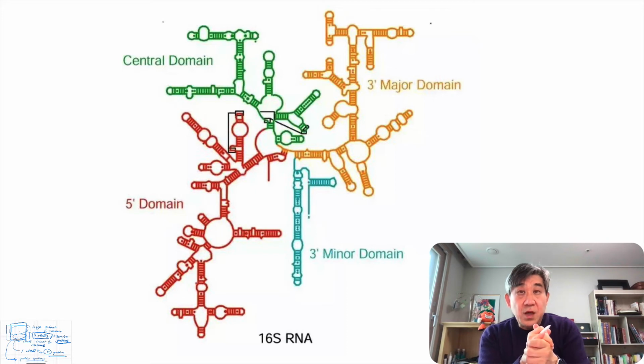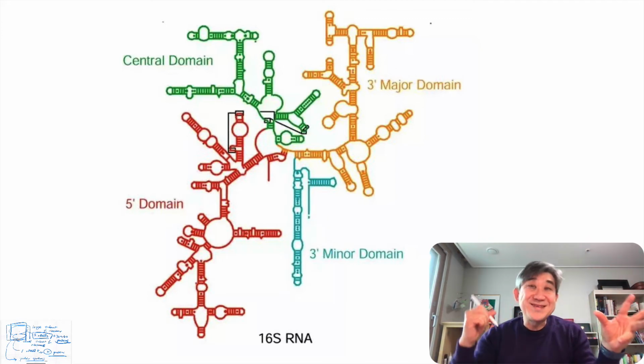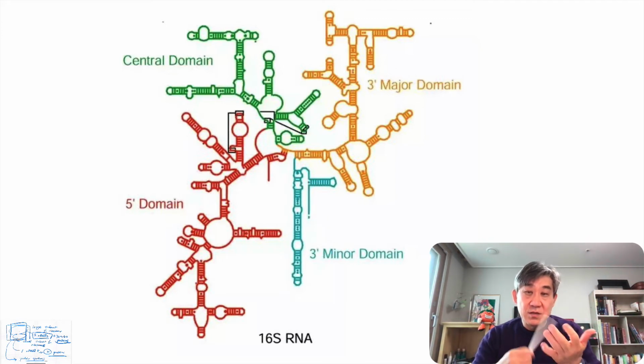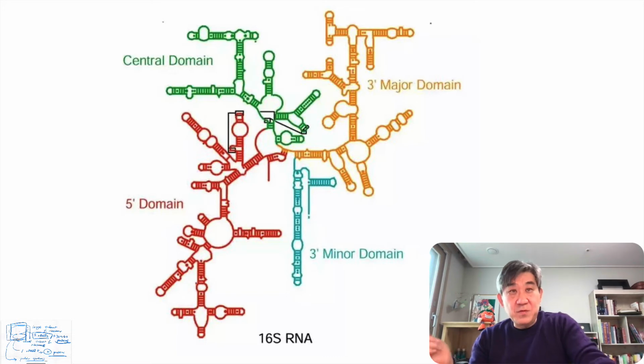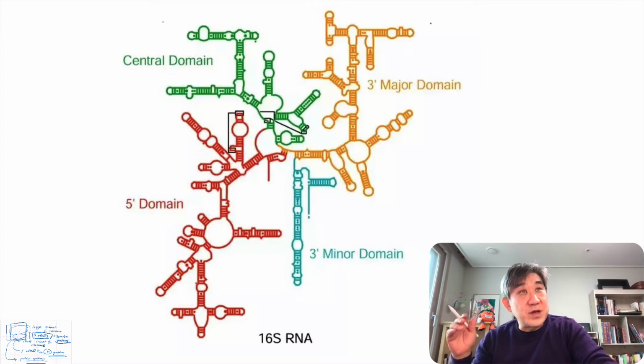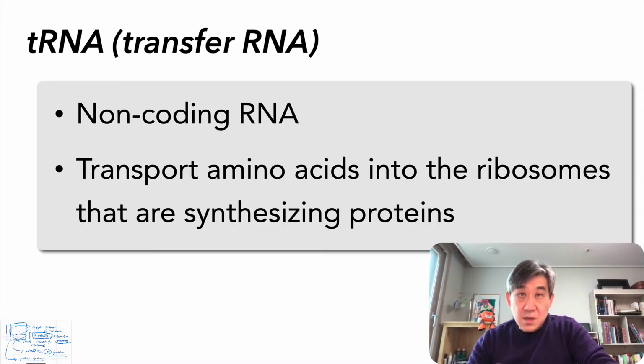And whenever you are capable of forming this type of unique 3D structure, that means you can potentially act as an enzyme, right? So that's where the ribozyme ability comes from. So ribosomal RNAs are entirely capable of performing enzymatic function, is the message.